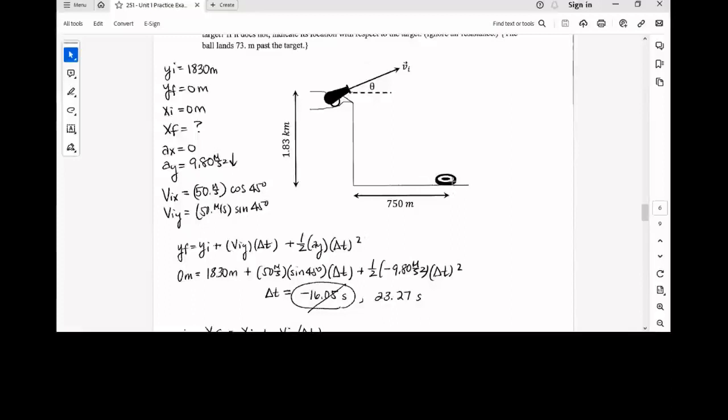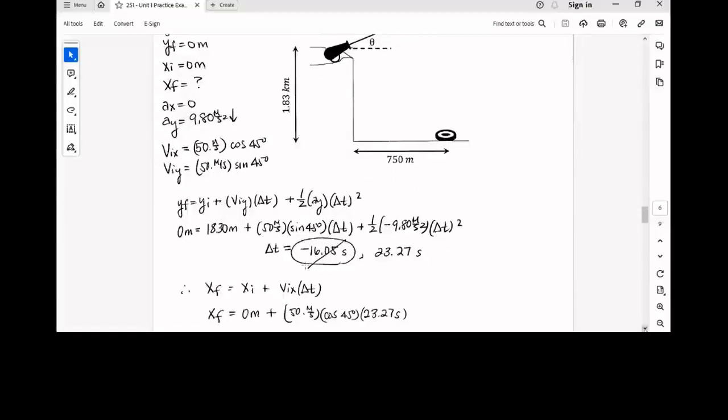You could also technically determine how much time the cannonball would have to be in the air in order to hit the target. That's at 750 meters, but that would just give you a delta t that you could plug into the vertical position equation and see whether it made sense. And I think it makes a little bit more logical sense to figure out the flight time and then to use that to figure out the position.